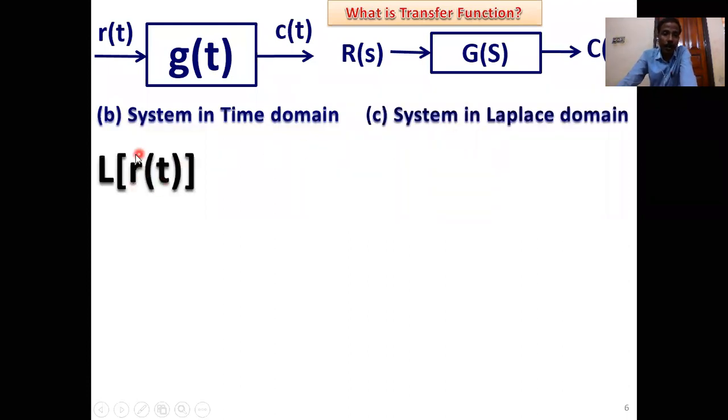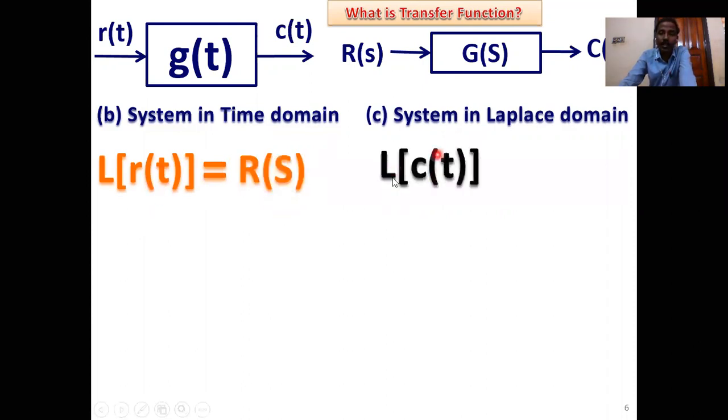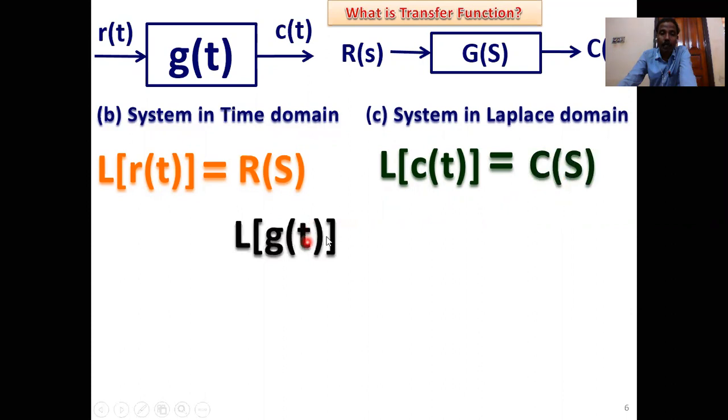The Laplace transform of R of t equals R of s. This is the time domain and this is the frequency domain. Again, the Laplace transform of output C of t equals C of s, and the Laplace transform of gain G of t equals G of s.